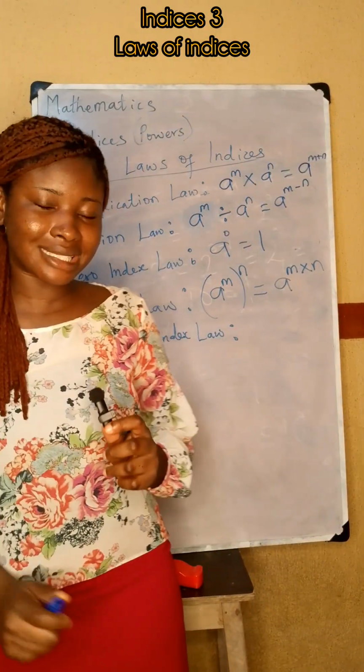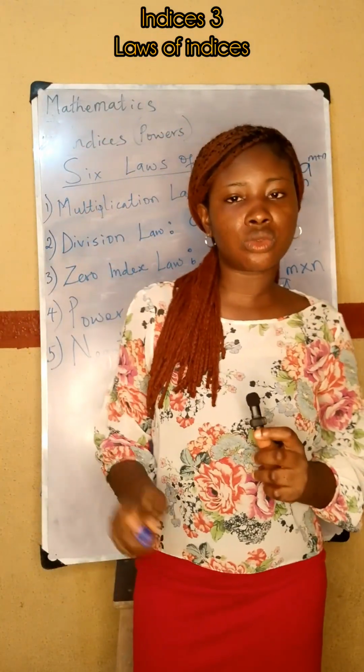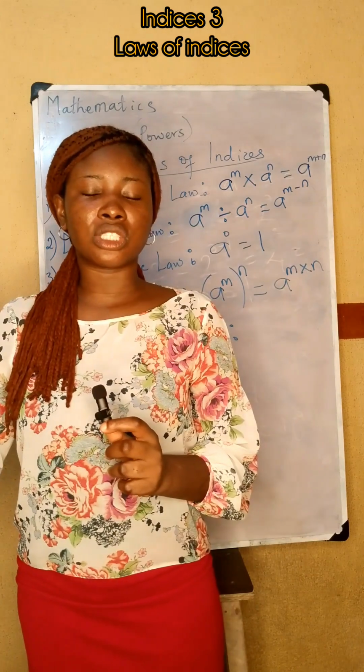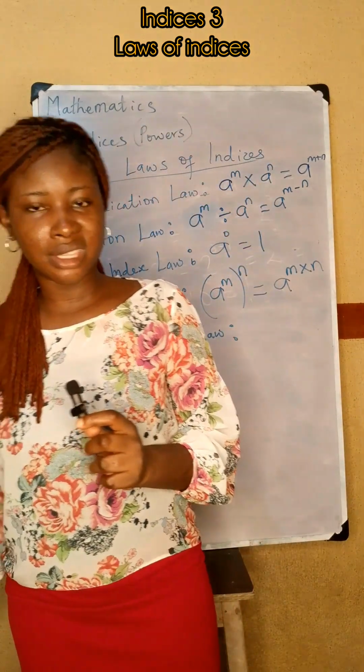Let me say it again. Negative index law states that when a number is raised to a negative index, the result is the reciprocal of that number raised to the positive index.